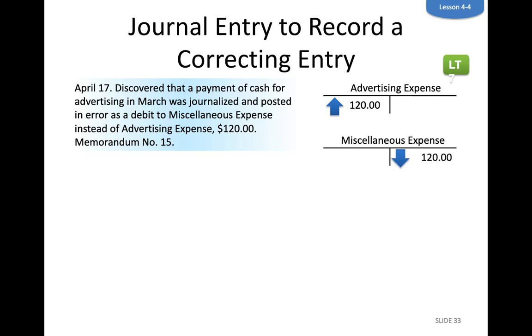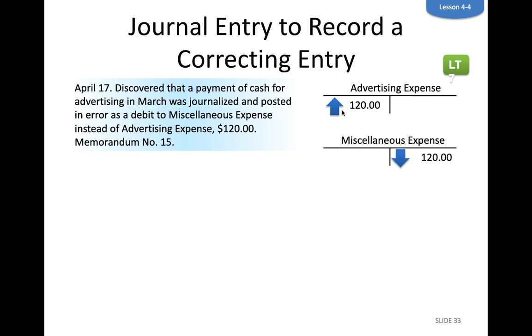So on April 17th, discovered that a payment for cash that was spent for advertising in March was actually journalized and then posted as a debit to miscellaneous expense instead of advertising expense. And so here are our T accounts of the correcting entry that we need to make. We need to debit advertising expenses.